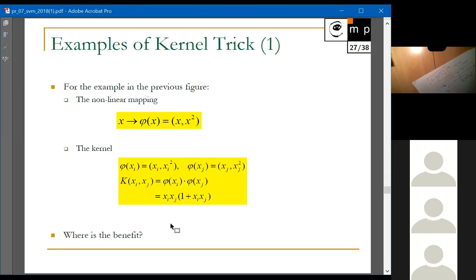Same thing, this is a special case. Instead, we can map x to x, x squared. If we have 2 points, xi, xj, the dot product is xi xj plus xi squared xj squared. But we don't have to do this explicit mapping. It's enough to calculate xi, xj, and the kernel looks like this.